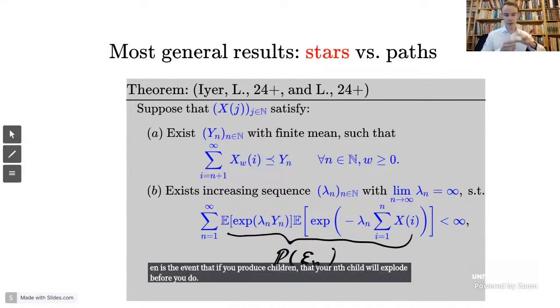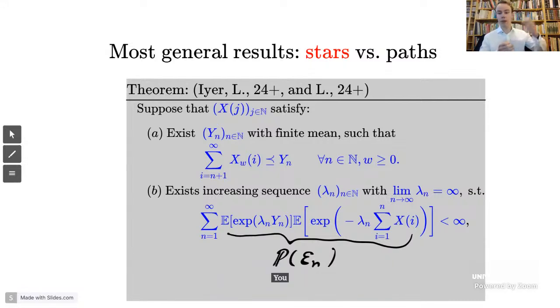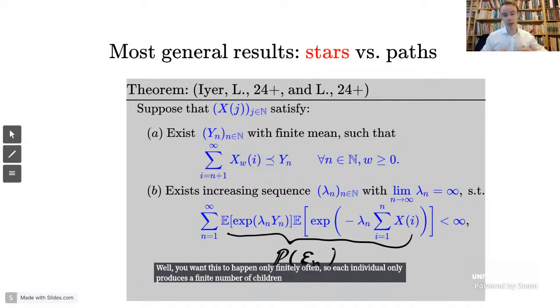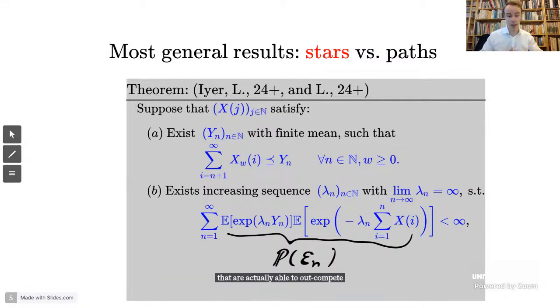So you are giving birth to children, you give birth to, say, your millionth child, and now you both start producing children. Now this millionth child is able to produce an infinite number of children before you do. Well, we want this to happen only finitely often, so each individual only produces a finite number of children that are actually able to outcompete their parent. And this is the crucial assumption that we use to then argue that in the entire Ulam-Harris tree, there are only finitely many individuals that explode before all of their ancestors.